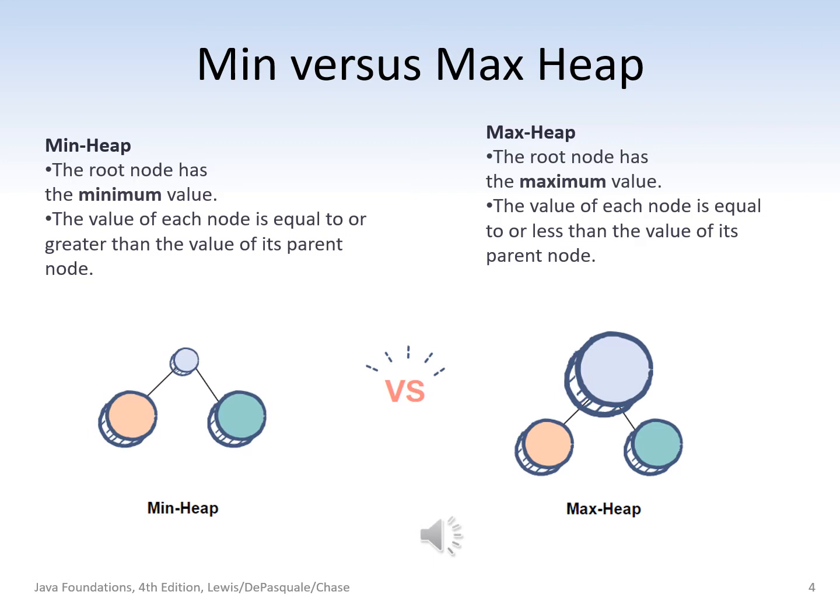On the other hand, in a max heap, the root node has the maximum value in the heap. So the value of each node is equal to or less than the value of its parent node, and those become parents of nodes that are less than or equal to. The children are less than or equal to each parent, and vice versa for min heap.